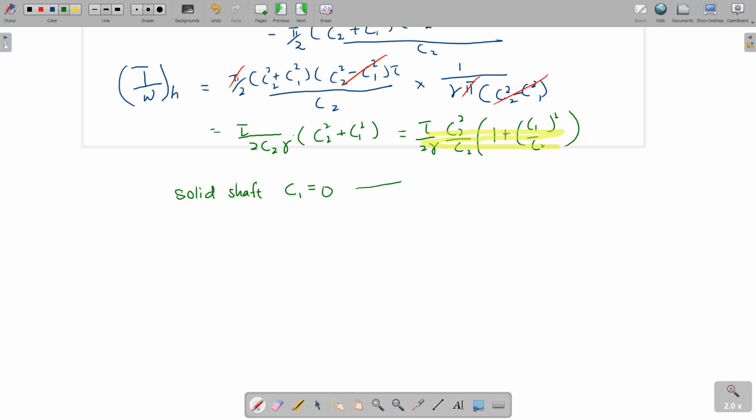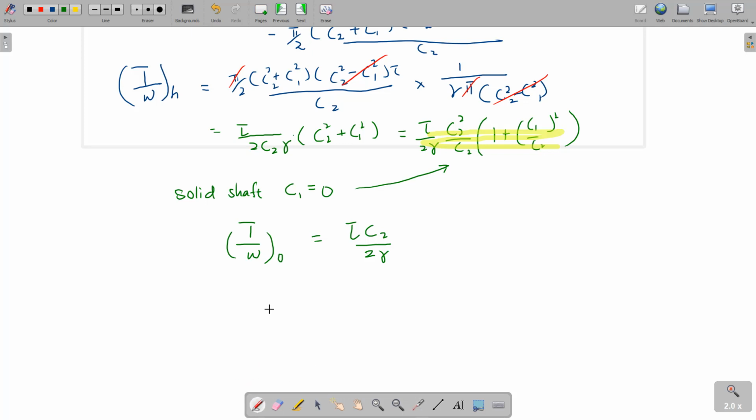So if you apply this into these expressions, and we are doing it for solid shaft, it ends up as tau C sub 2 divided by 2 gamma. So if you apply C sub 1 equal to 0, the whole item inside the brackets is equal to 1. So it's simplified to this.